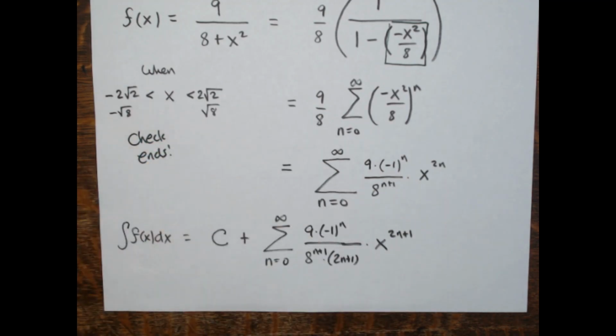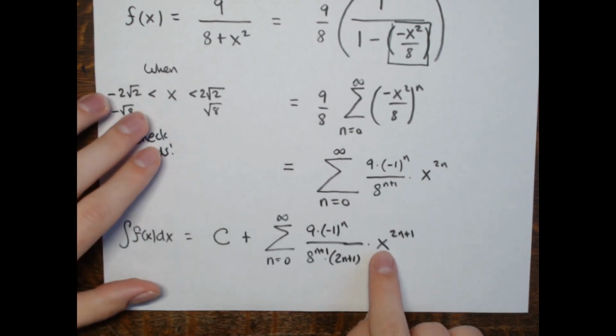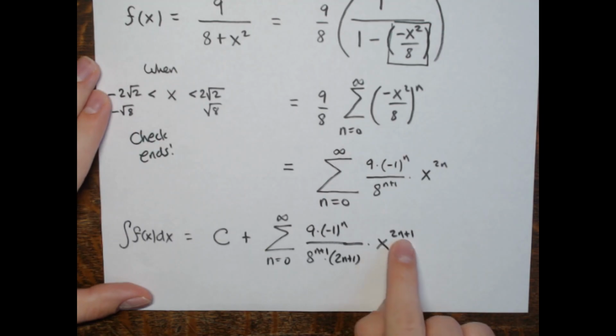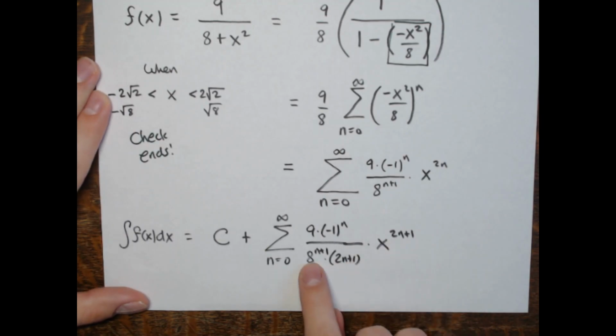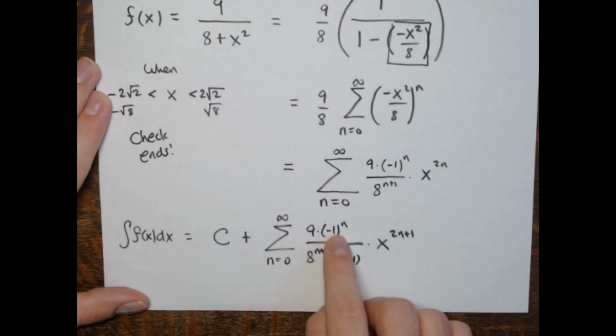I'm just going to say these ones, because when I put in square root of 8 or negative square root of 8, you're going to see x, square root of 8 to the 2n plus 1, you'll have 8 to the nth canceling here, and then there'll be some constant. Pull that out, and then you'll have a power of negative 1 over 2n plus 1.